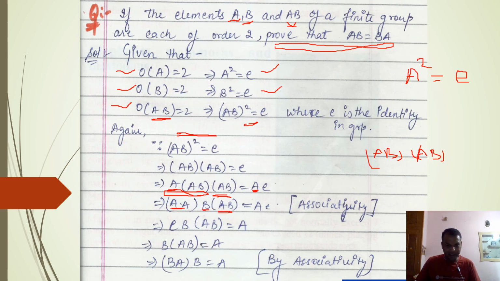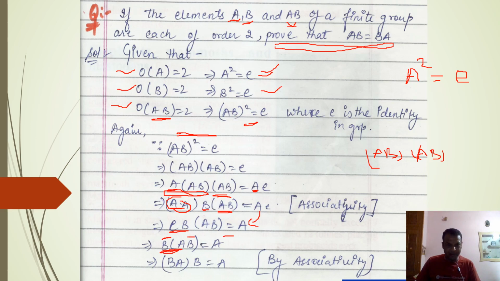We know that AA can be written as A square, and we know that A square equal to E, which is given in our statement. So the value of this is E. Again E into B is B, and this is AB, and this is equal to A. Similarly, now we have written here BAB equal to A, we are again applying associativity here.